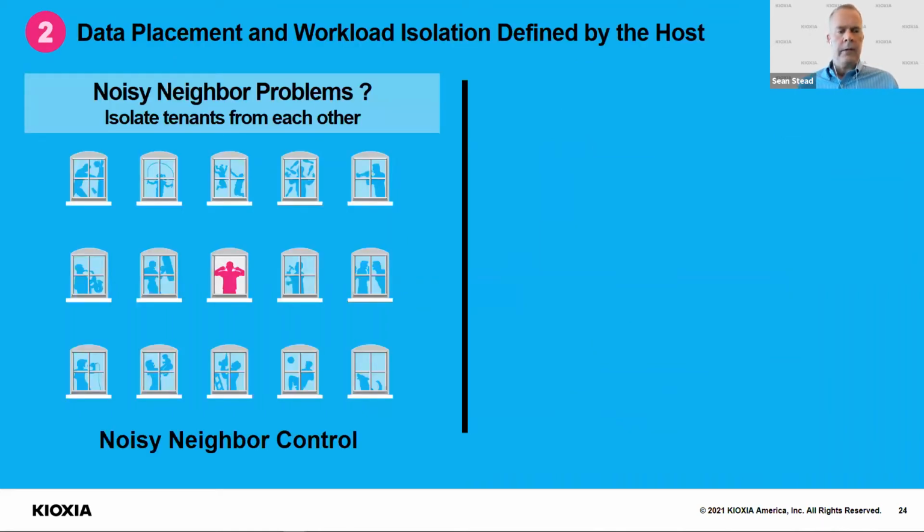So now we're going to move into another idea of the isolation. With the noisy neighbor, we've all seen or experienced noisy neighbors, right? This happens in the data center too, where resource-intensive processes can undermine the responsiveness of others on the same server or storage platform.